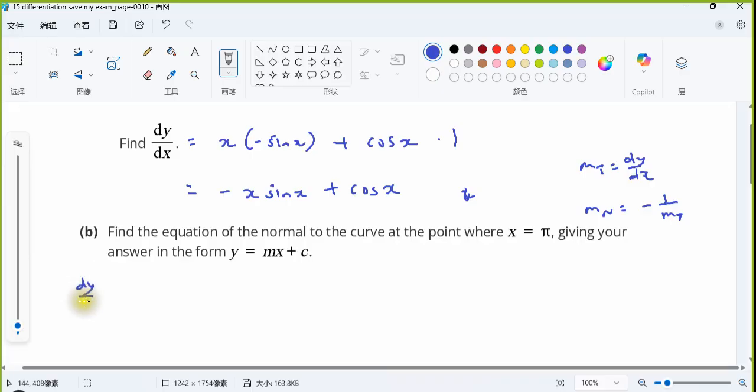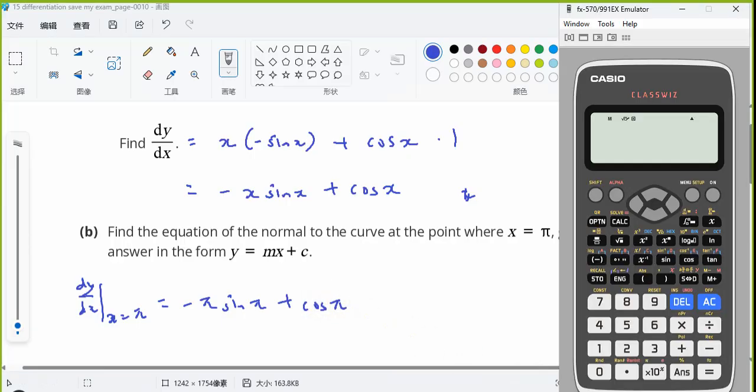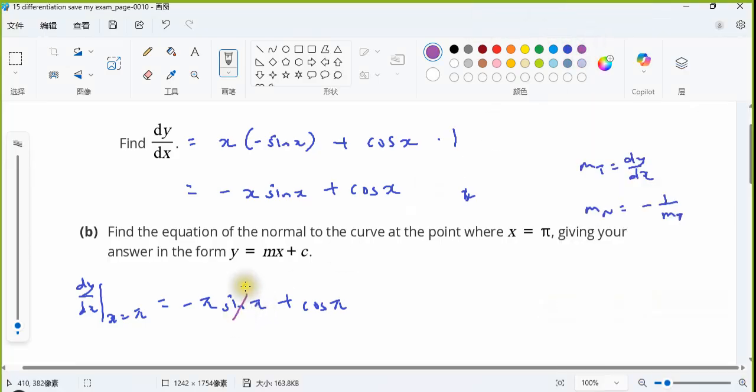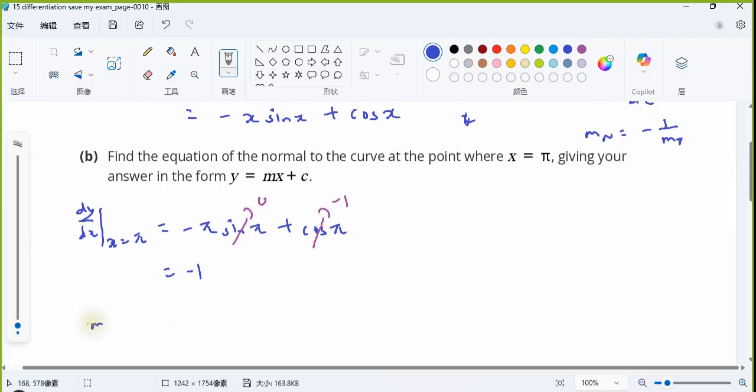So dy/dx when x equals pi is negative pi sin pi plus cos pi. Sin 180 is 0 and cos 180 is negative 1. So this is 0, this is negative 1, so the answer will be negative 1. So the gradient of normal will be negative 1 over negative 1, which is 1.